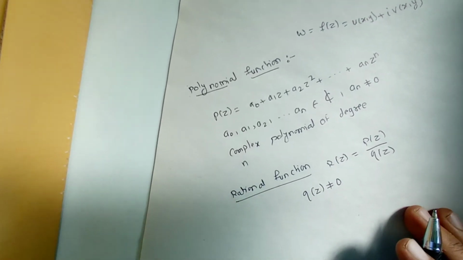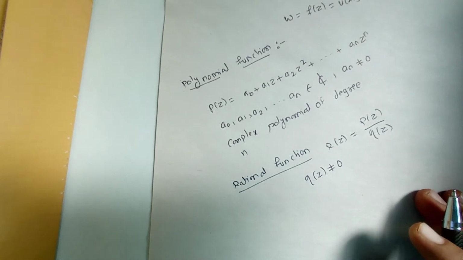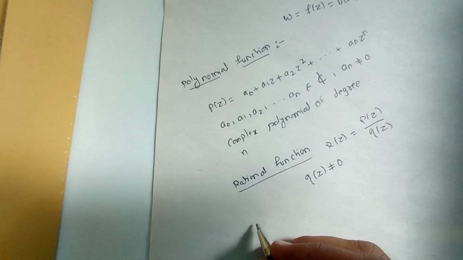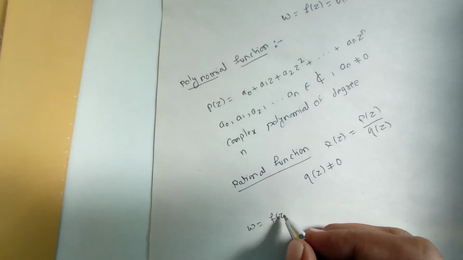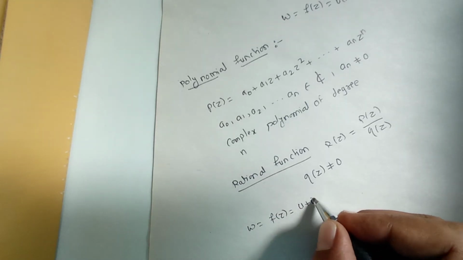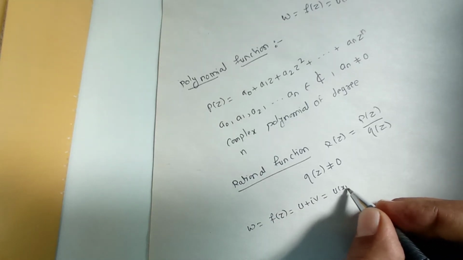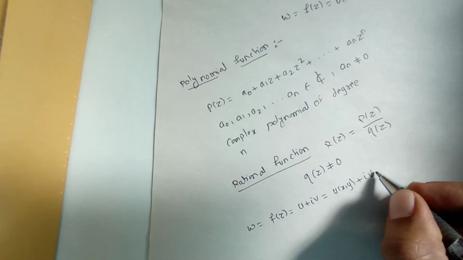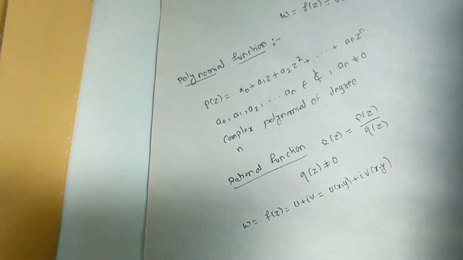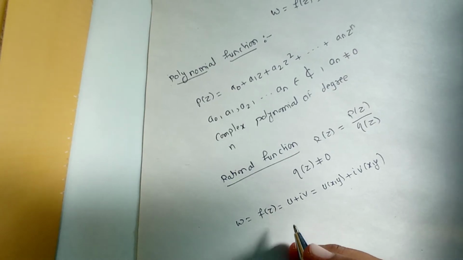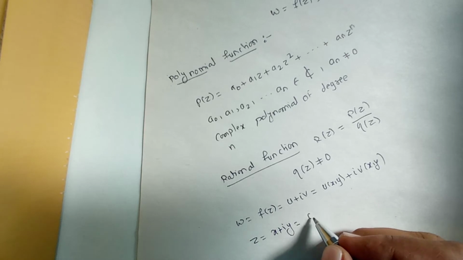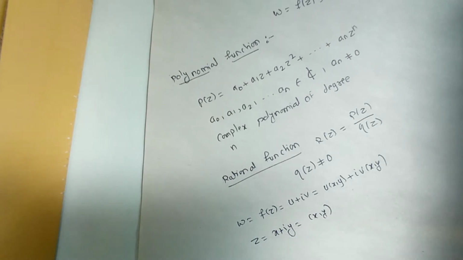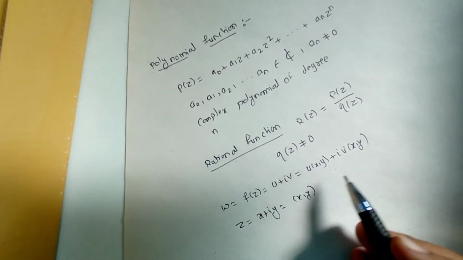Now I am going to discuss one theory about the complex valued function. w = f(z) = u + iv = u(x,y) + i v(x,y). Now z is an element of the domain, and z = x + iy has two coordinates, and the image of z also has two coordinates.